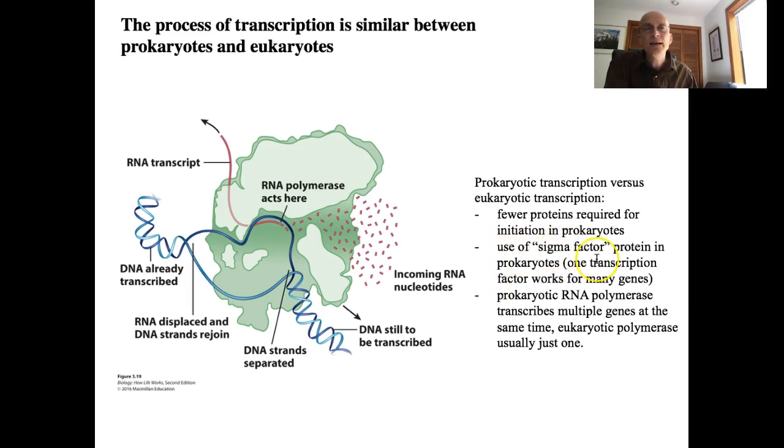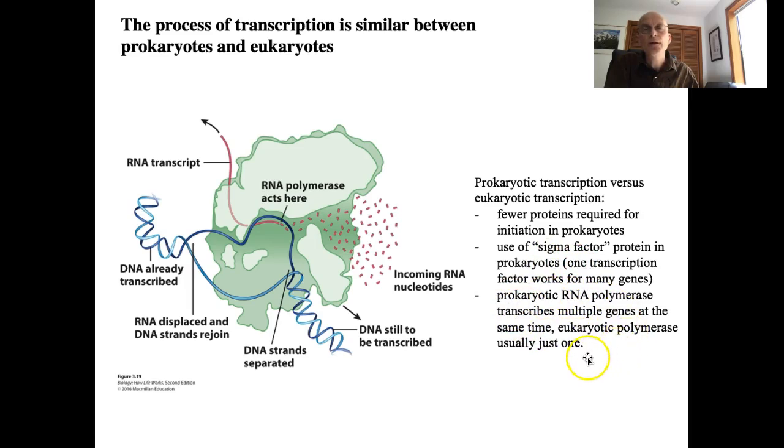There's something called the sigma factor that is used in prokaryotes, and that's kind of a neat transcription factor, because prokaryotes can just use that sigma factor, and there are different types of sigma factors, but they can just use one sigma factor, and that will start the transcription of a whole slew of different genes. So sigma factors are unique to prokaryotes, not eukaryotes.